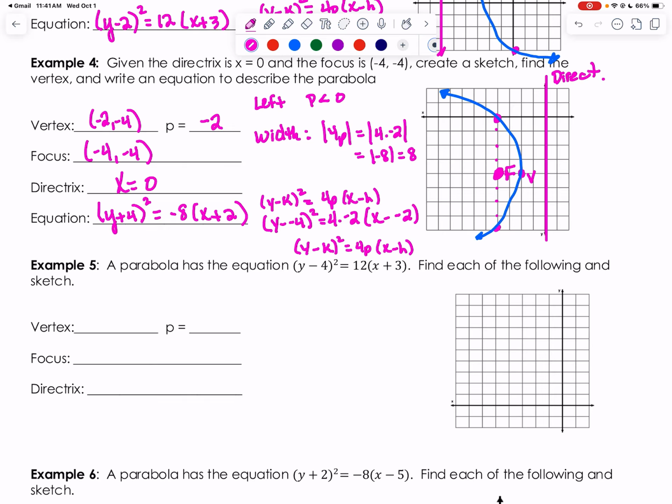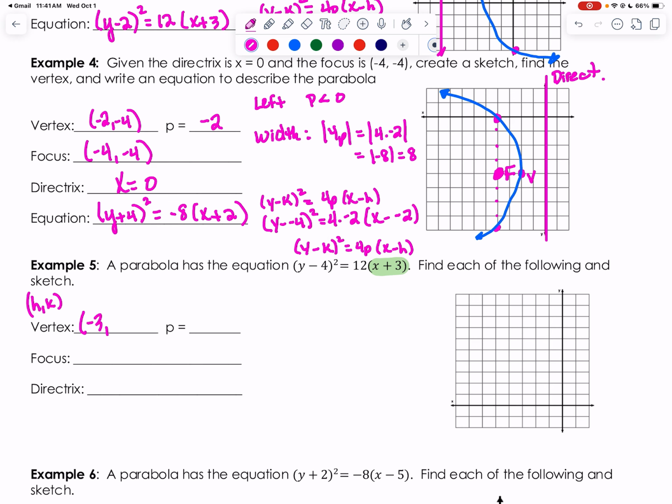All right, so if I wanted to get the vertex, that's h comma k, the value of h would be in this parenthesis. So remember, we take the opposite, so that would be negative 3.